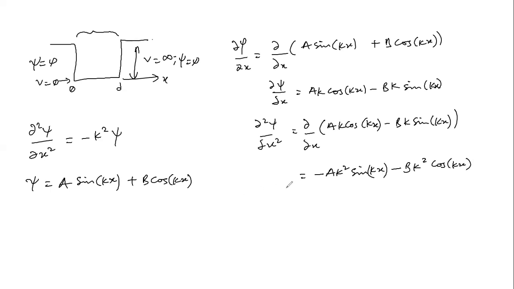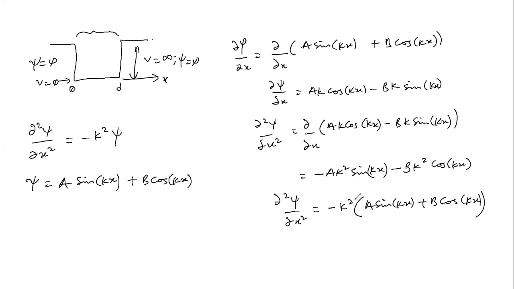Then, should we factor out k squared, d squared psi, dx squared, is going to give us minus k squared times the bracket a sine kx plus b cos kx.